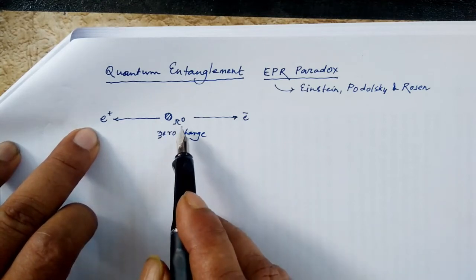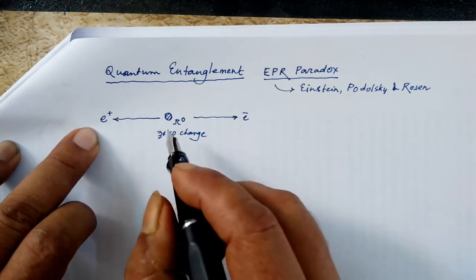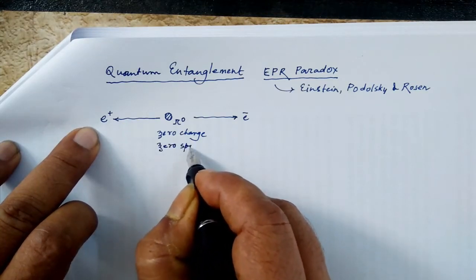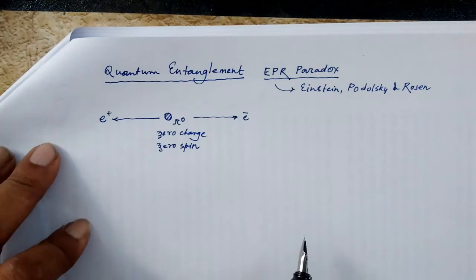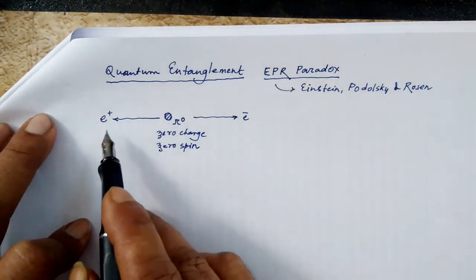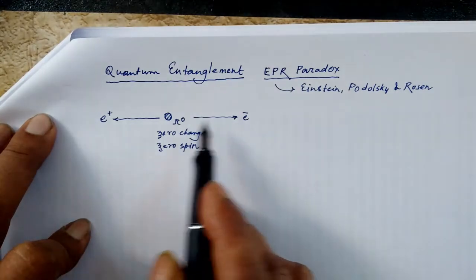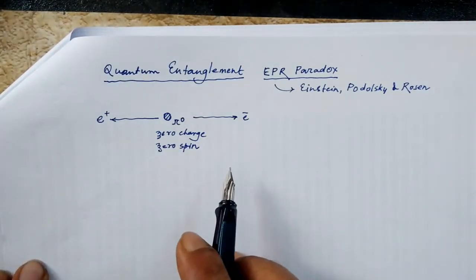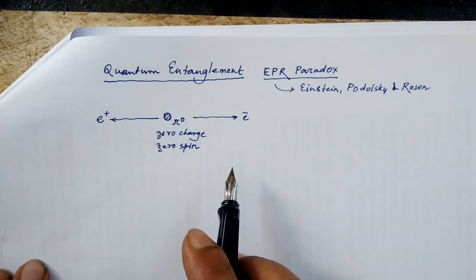So this neutral pion has zero charge and zero spin. Conservation of angular momentum demands that both these particles that get created have oppositely directed spins.